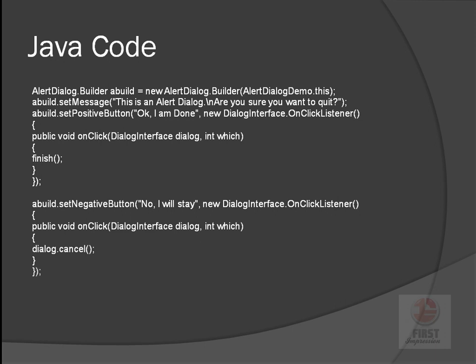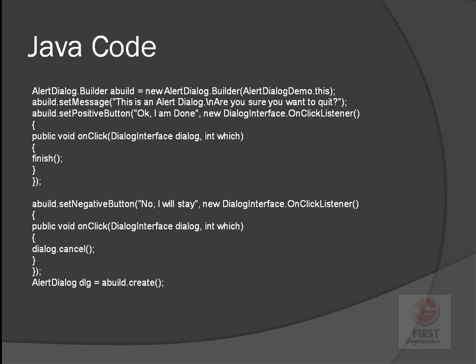So what we have done, we have built an AlertDialog.Builder object. Inside this object, we have set the message of the dialog. We have set the positive button. We have set the negative button. Now we have to create the dialog. So we will say AlertDialog dlg equals abuild.create. The abuild.create function will create this dialog and give it to me inside dlg.